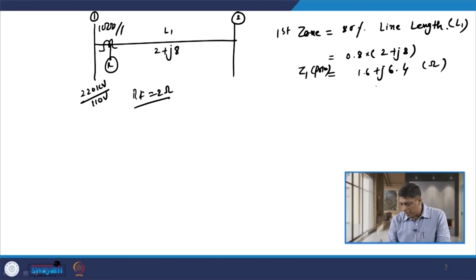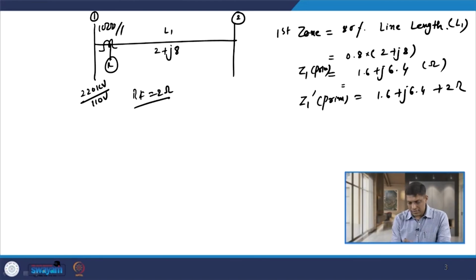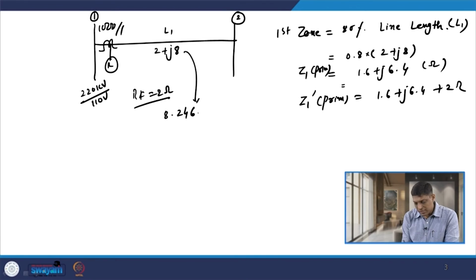Now, if I say this relay is capable of including the 2 ohm resistance, then what should I do? I need to find Z1 dash, which is the modified primary, equal to 1.6 plus J6.4 ohm plus 2 ohm. In the earlier case, the value of 2 plus J8 is 8.246 angle 75.96 ohm.